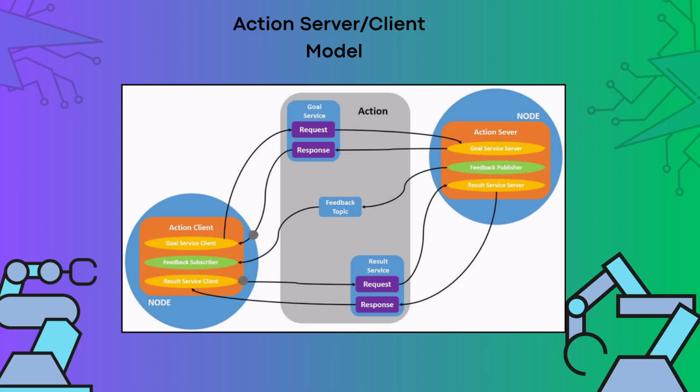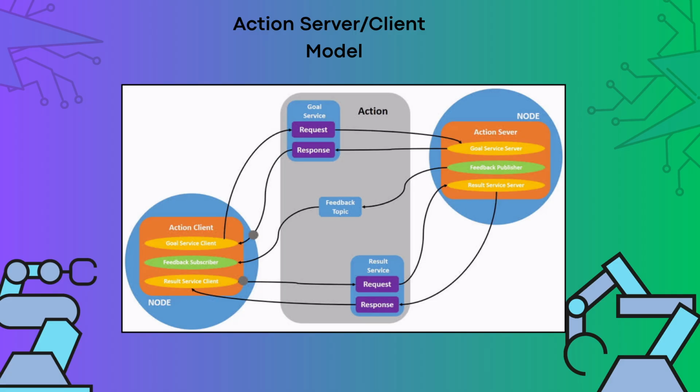While it's running, the server sends feedback: progress updates, percentages, distances, whatever you need. When the task finishes, the server sends a result. At any time, the client can cancel the goal. Basically, if a task takes seconds, minutes, or has multiple steps, you don't want a service and the topic isn't enough. You want an action.